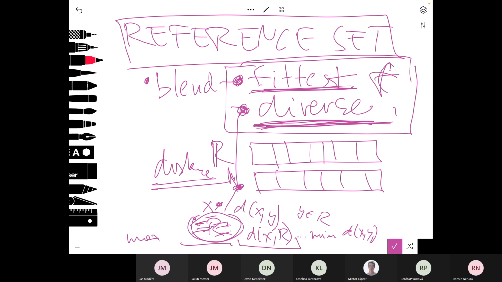We can have different mechanisms for updating the reference set, and they have been tested. There's no clear winner in how fast to do it.